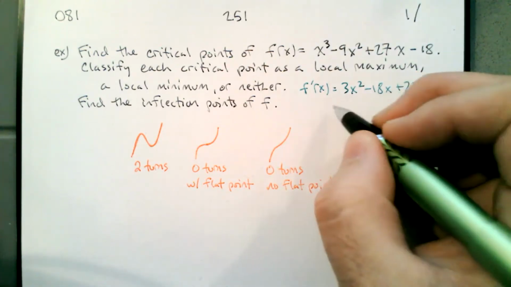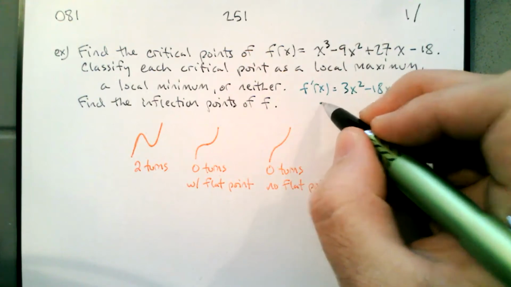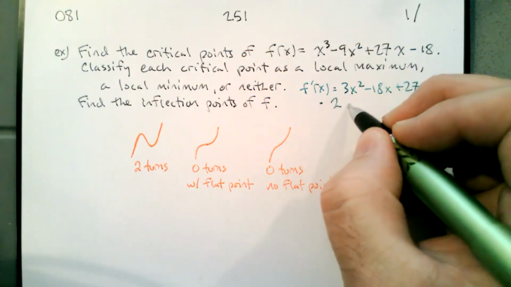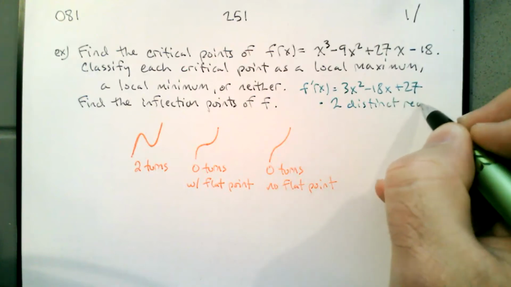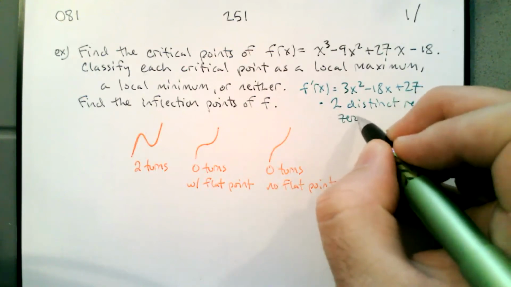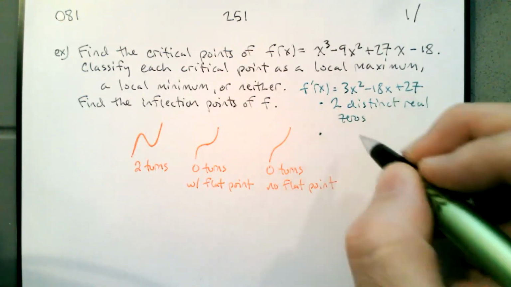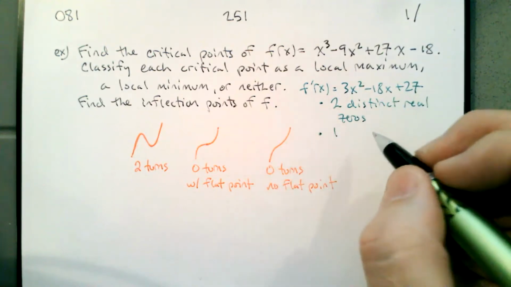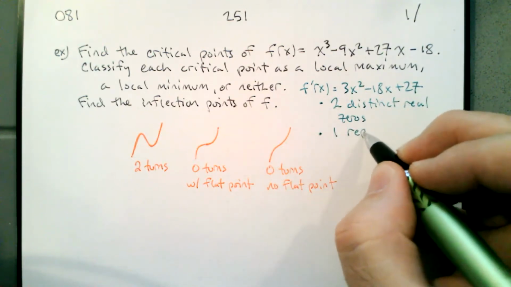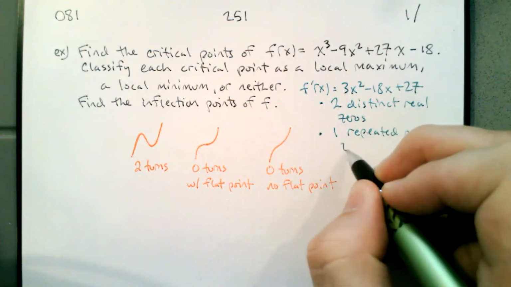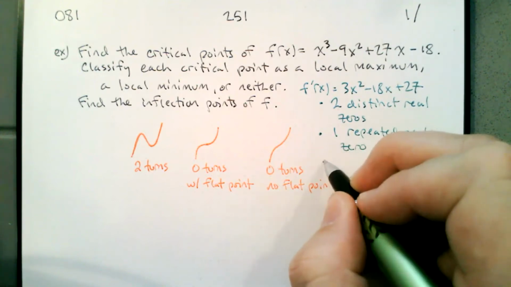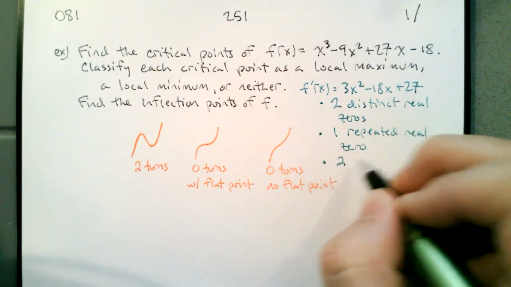So a quadratic with real coefficients will either have 2 distinct real zeros, one repeated real zero, or 2 complex conjugate zeros.